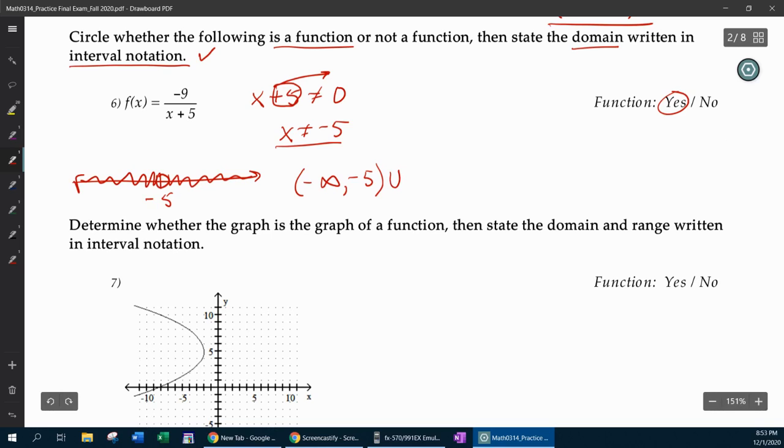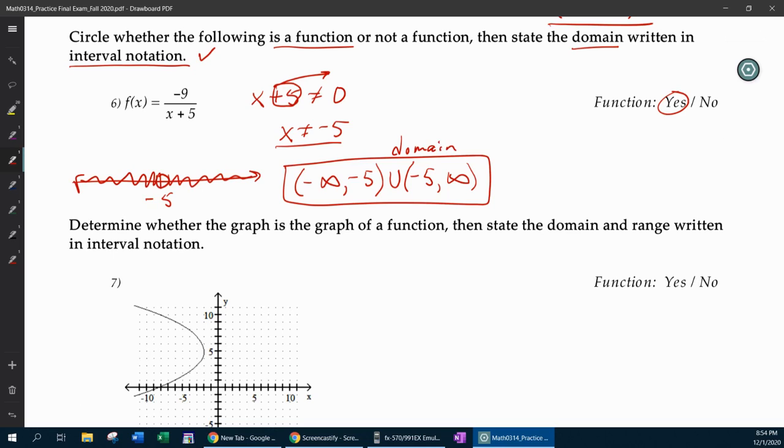And then we use a union symbol because there's more shading, okay? So the shading picks up on the other side of -5 and keeps going to infinity. This is the way the domain looks in interval notation, okay?